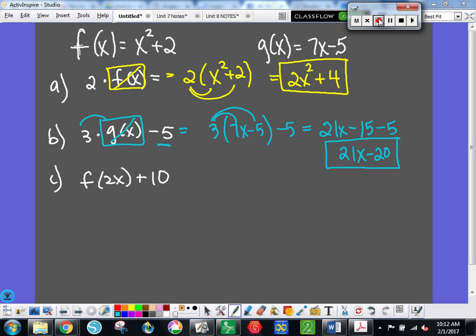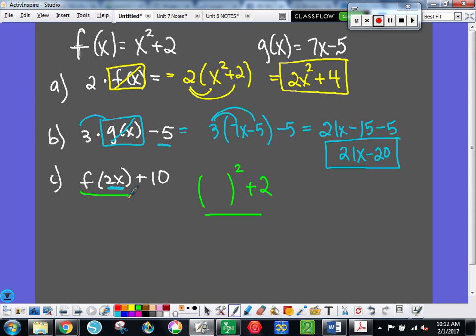Okay, moving on. What about this one? This time, am I inputting anything? Yes, this time's the input. So I go to my f function, and everywhere there's an x, I put something. So that's my f of x, right? But then I still have to do what?